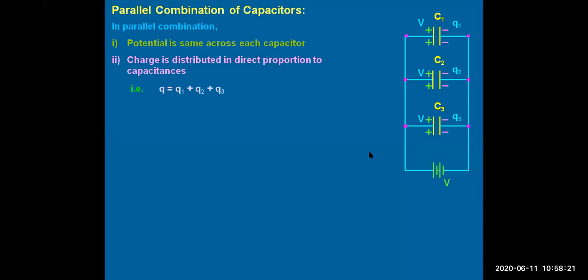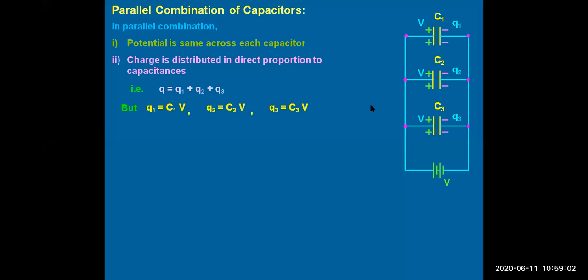Q1 is C1 into V. Q2 is C2 into V. Very good. Q3 is C3 into V. Very good, Usha. So we'll substitute it: Q1 is C1 into V, Q2 is C2 into V, and Q3 is C3 into V.